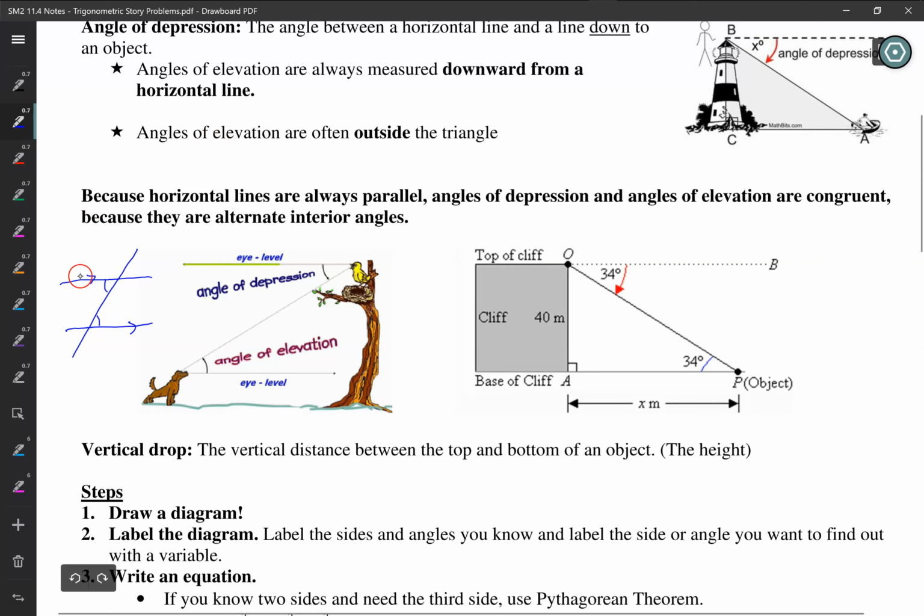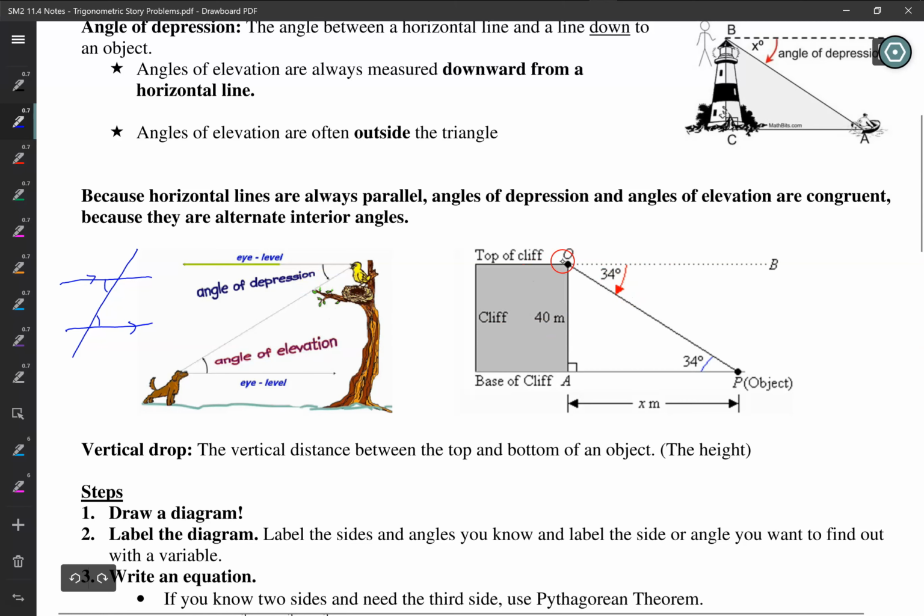They're between these two, so they're interior angles. And one of them's on the left of the transversal, one of them's on the right of the transversal. So we say they're alternate interior angles. And when these two lines are parallel, those are the same size. So it turns out if you have a certain situation here, the angle of depression and the angle of elevation would be the same size.